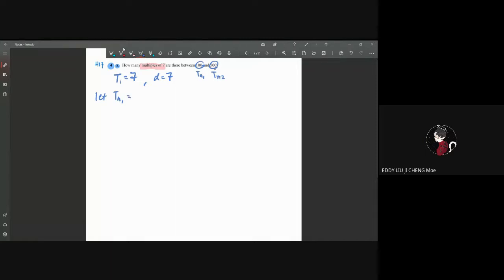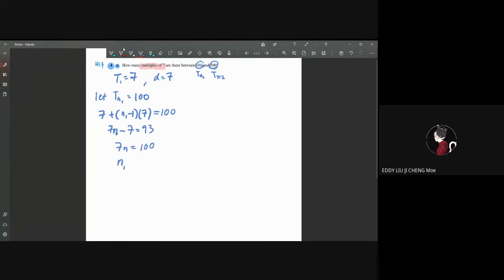Tn1 equals 100, so we get 7 plus (n1 minus 1)7 equals 100, and then it would be 7n minus 7 equals 93, 7n equals 100.